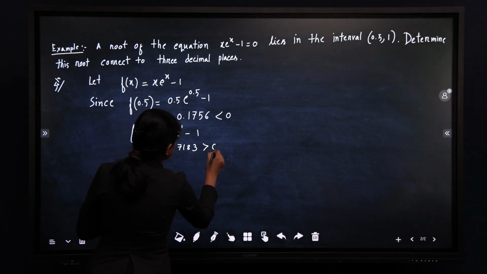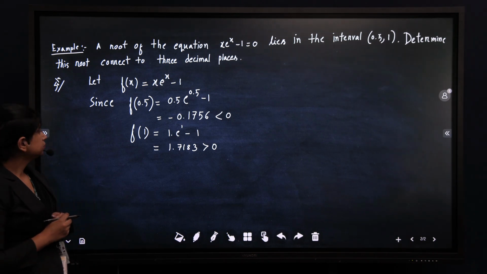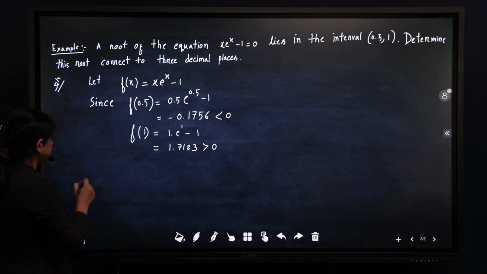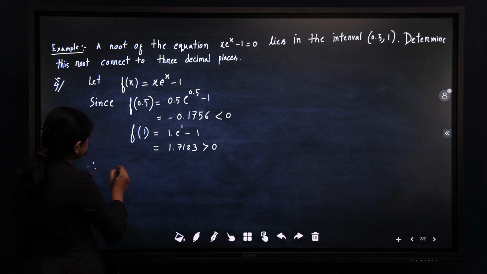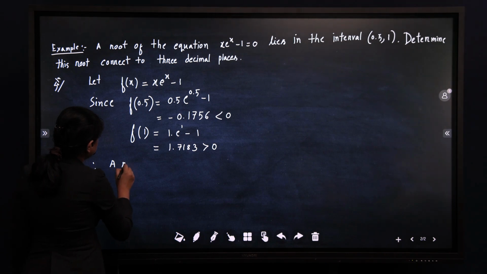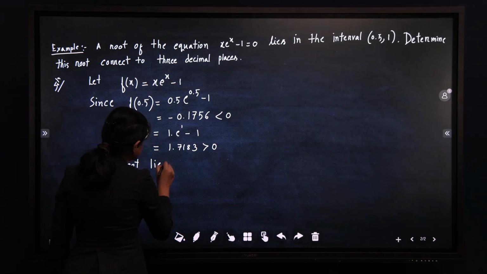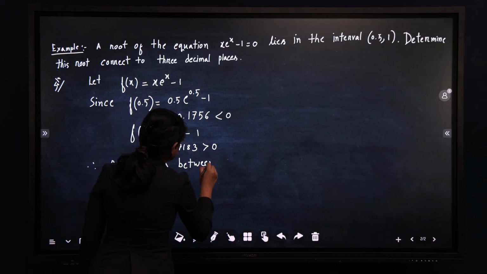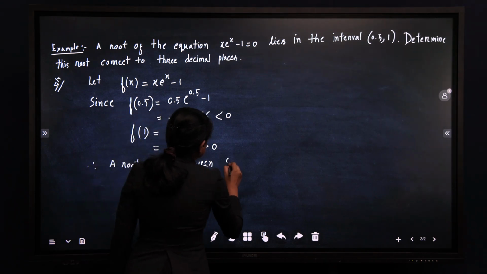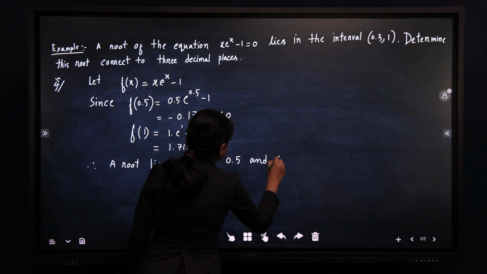That is greater than 0. Therefore, by intermediate value theorem, what can we say? A root lies between 0.5 and 1.